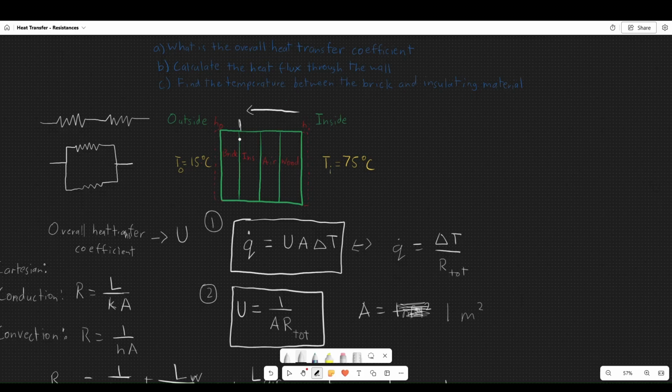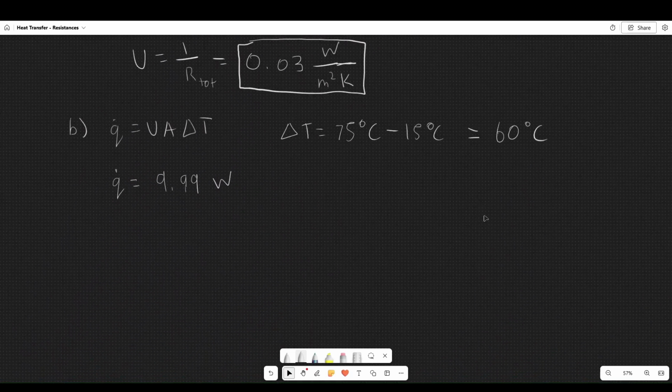So what that means is that we can sum up all the resistances from this, and this. And what we can do is figure out what U is from that. We know what the heat flux is from question B. Calculate what delta T is, and delta T should tell us what the temperature here is, because delta T is nothing but 75 minus the temperature here. All right, so let's go ahead and do that.